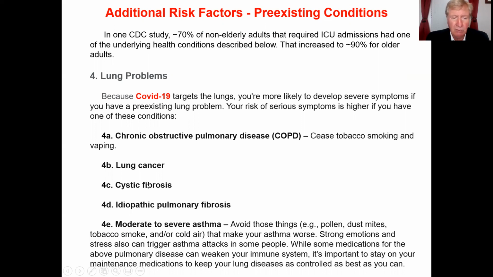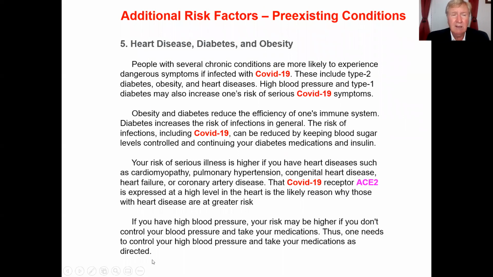So people who have COPD, for example, need to really take precautions that they don't become COVID-19 infected.